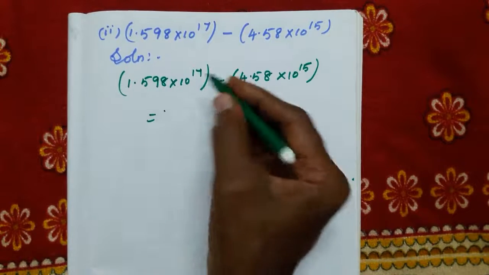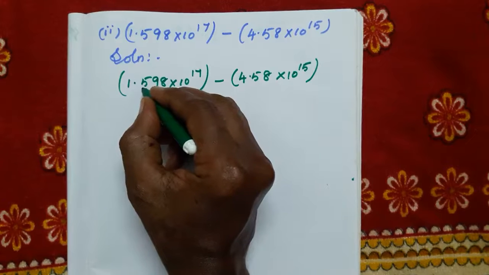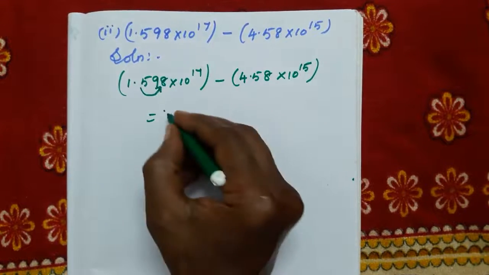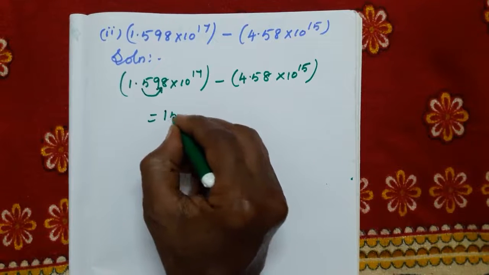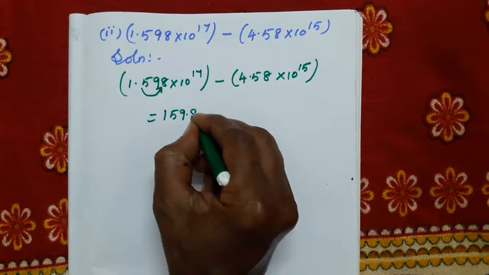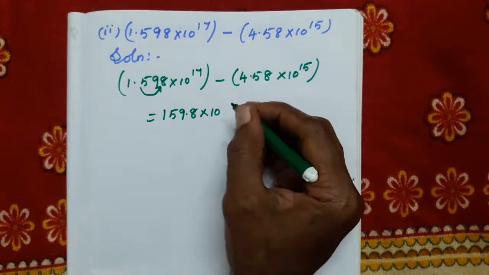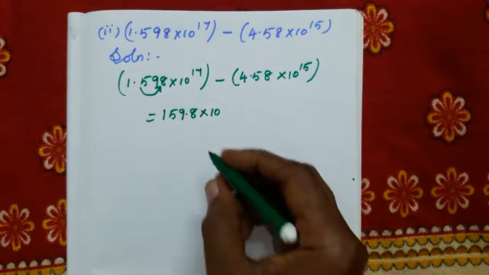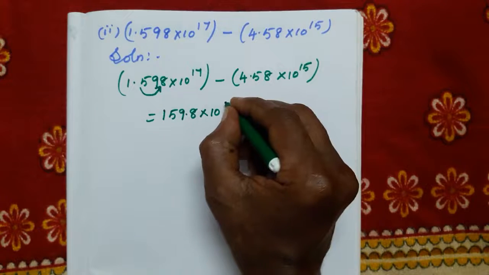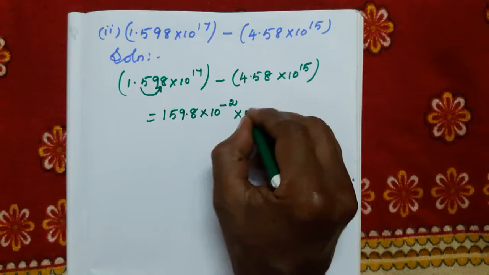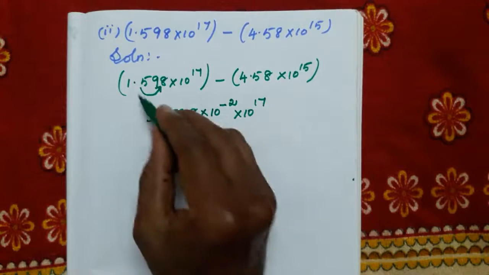When we move the decimal point 2 digits right, we will get 159.8 into 10 power minus 2.